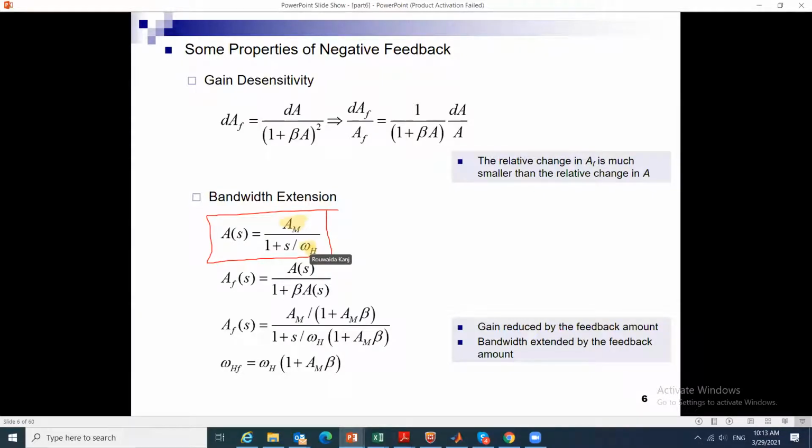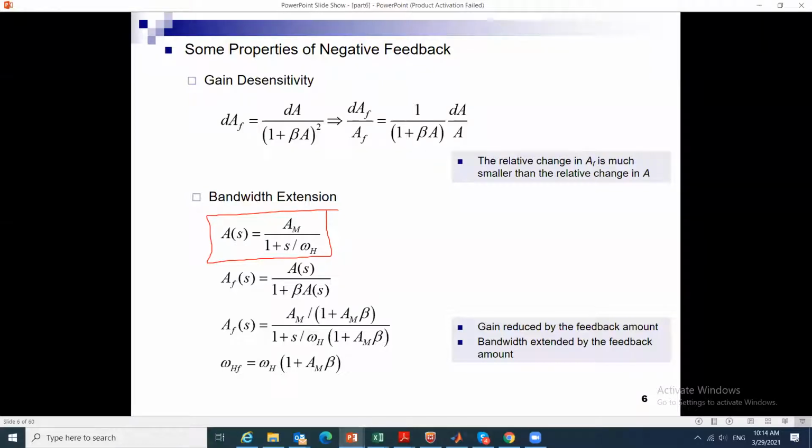It has AM and it has omega H. And therefore now if I want to simply find the 3 dB frequency and the low frequency gain of the differential amplifier, what do I do?